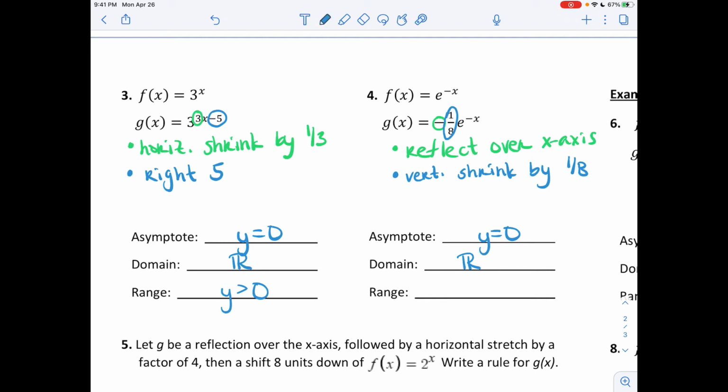But because we have flipped this upside down over the x-axis, my range is suddenly y less than 0 instead of greater than 0. You may want to highlight that or something just to bring your attention to it, and maybe highlight the negative sign here in the g of x to remind you of why you flipped that inequality around and made your y values less than 0.